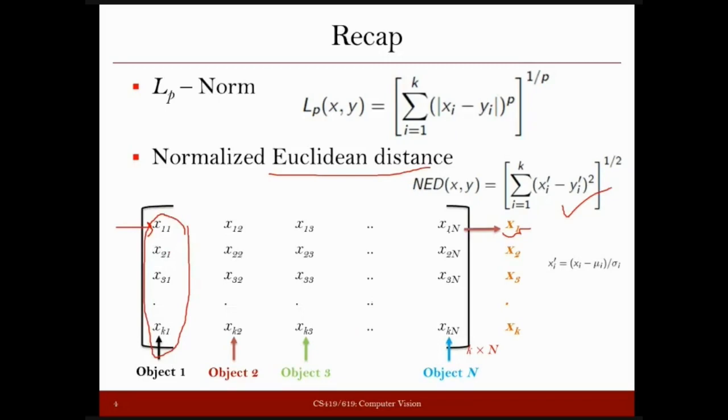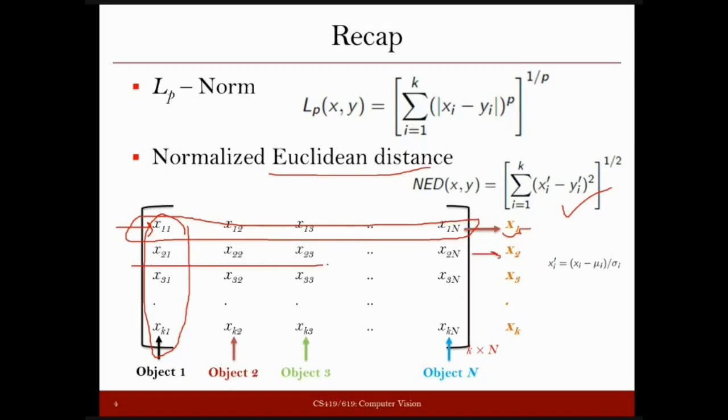Now, collectively, we can say that all the values that you see here represent the first feature for different objects. Similarly, all these features here represent the second feature for all the objects, and so on. So you can name those features as x1, x2, x3, x4, but for different objects, the values of x1, x2, x3 are different.